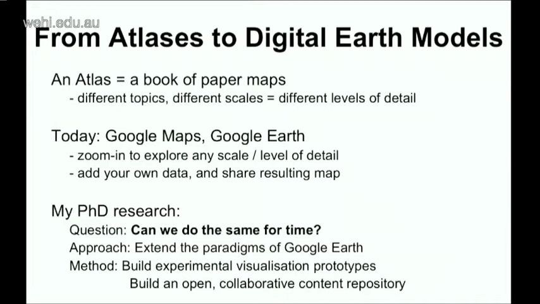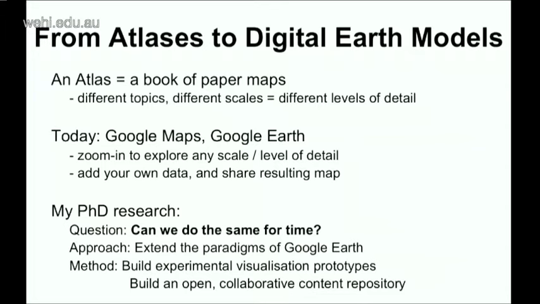So what something like Google Maps or Google Earth does is it takes all the different scales and puts them all together. Whereas in the past, with a paper map, you'd have to jump from page to different scales, this combines them all together. You jump seamlessly from one scale to another. So my PhD research is essentially to ask, can we do the same for the time dimension?